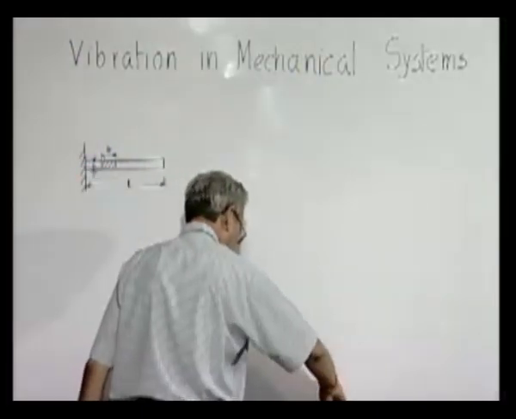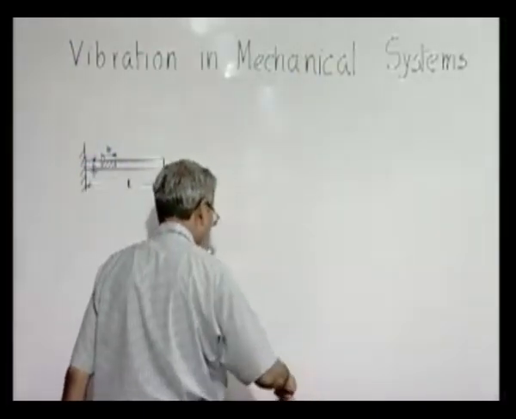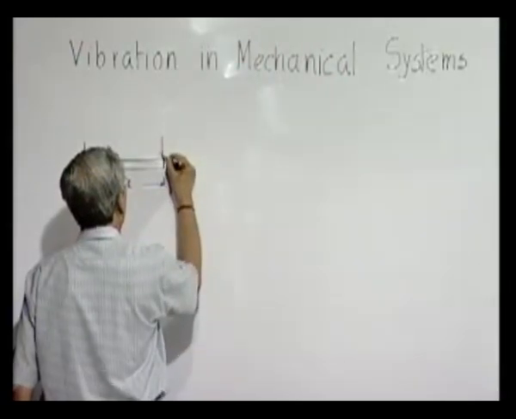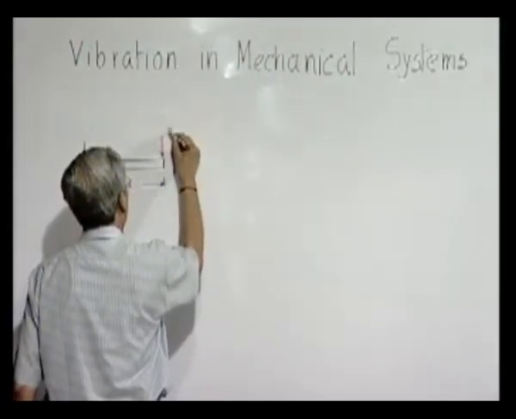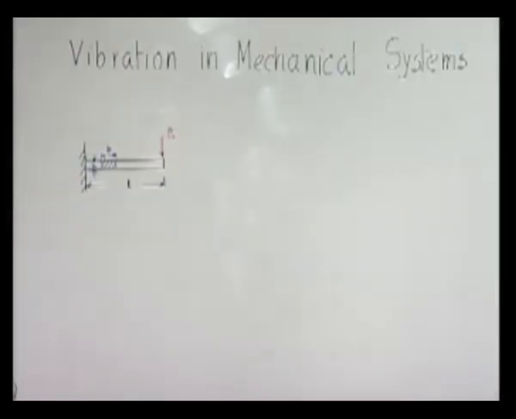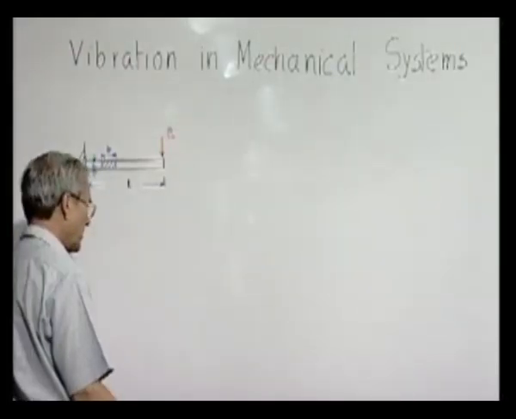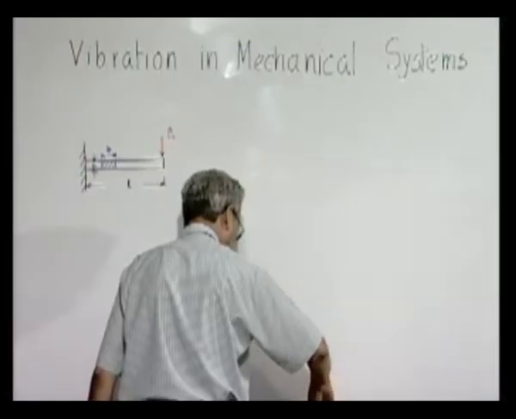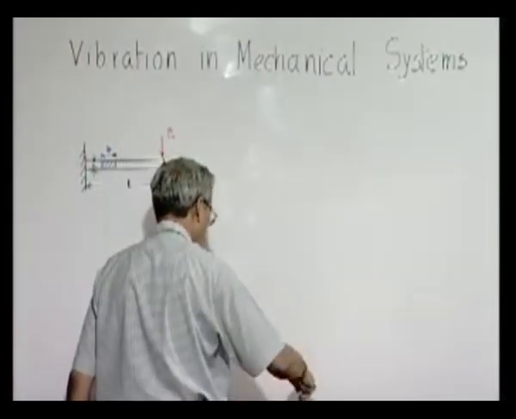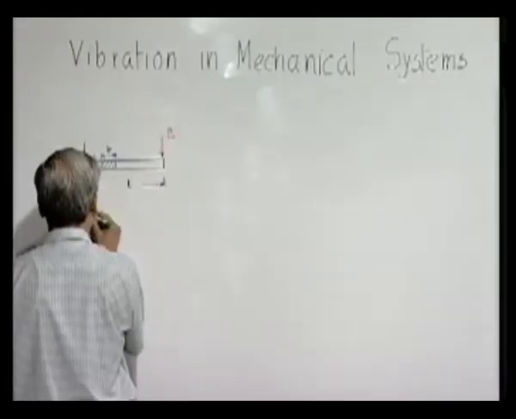And this is subjected to a static force. What will be the effect of this static force applied at the free end of the cantilever? We all know that it is going to deflect, and it will be something like this.